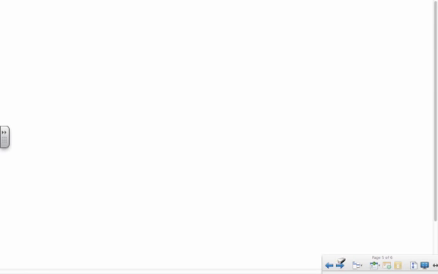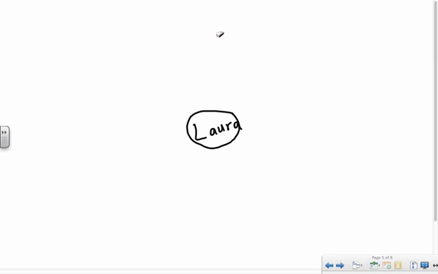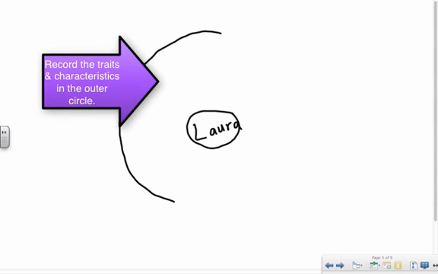So to set up my circle map for Laura, I start by writing her name in the middle of my page and drawing a small circle around it. I draw a larger outer circle, and in this outer circle is where I will be writing the traits and the characteristics of Laura.